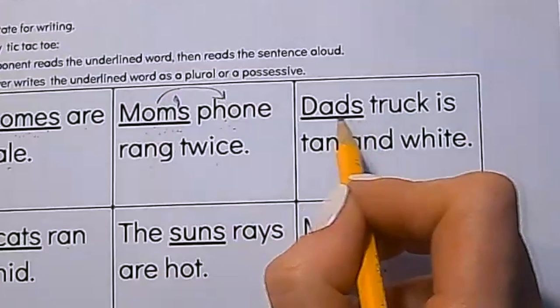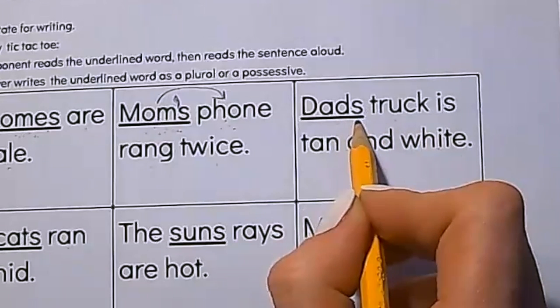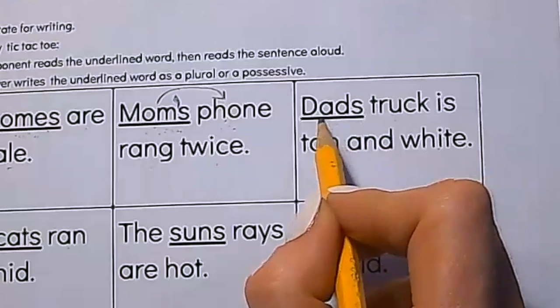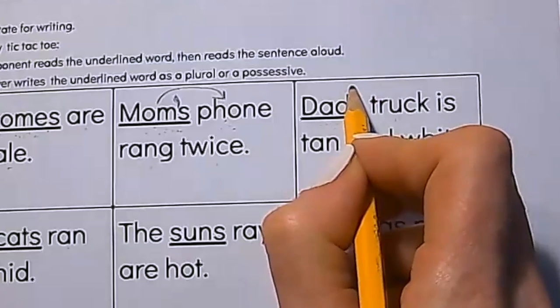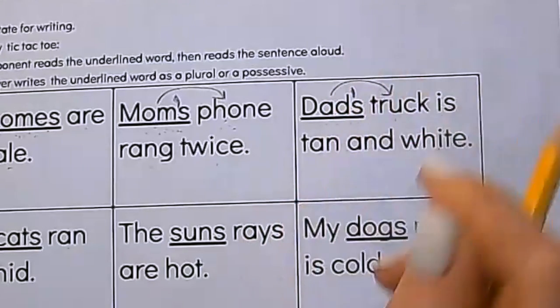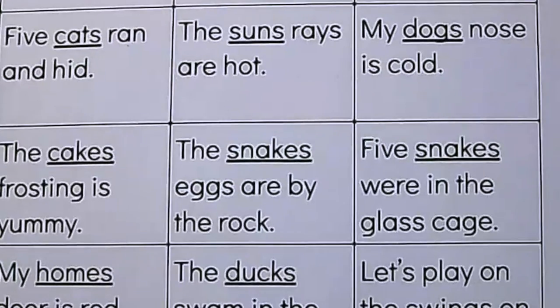And so on. Dad's truck is tan and white. Is it more than one dad? Or does dad own something? Dad's truck. Dad owns the truck. We're going to put the apostrophe S and draw the arrow there. And you could do that for all of the sentences on this page.